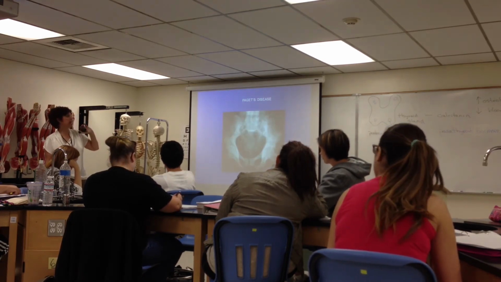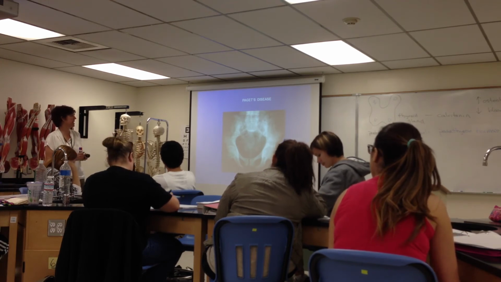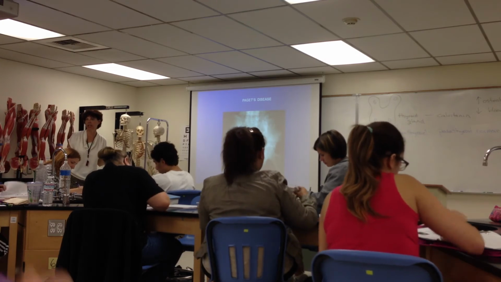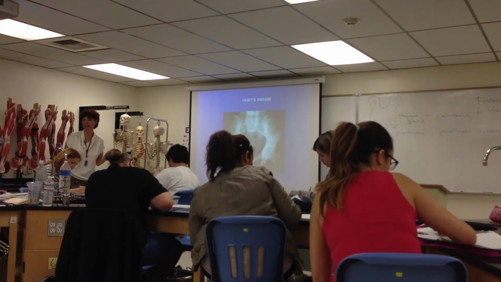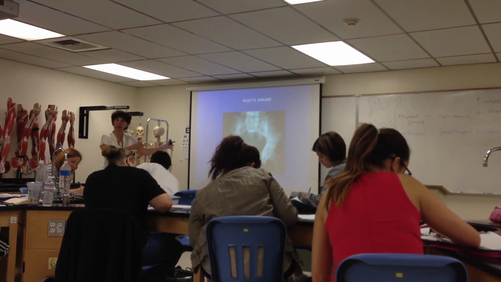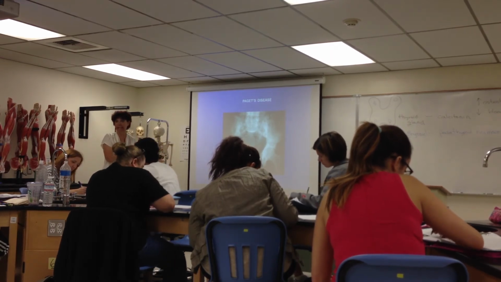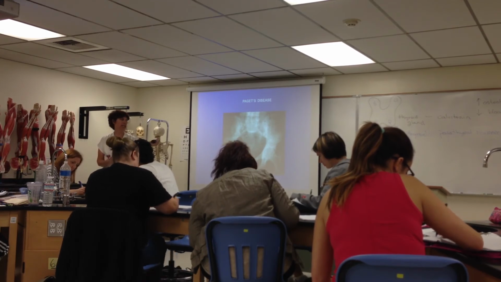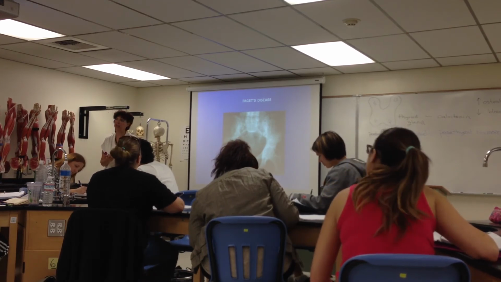Paget's disease, basically I just want you to recognize that as a case of abnormal deposition of woven bone. The normal places where we find woven bone are in developing bone, first laid down in the embryo, and in a bone fracture.